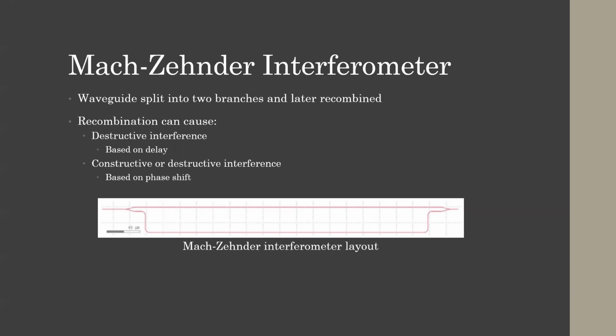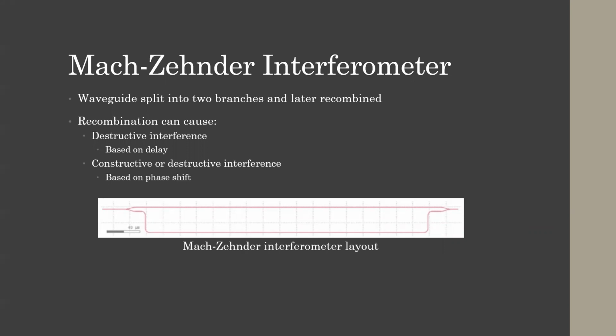And then you can measure the pattern to measure small changes in the refractive index. It basically is a device that splits and recombines the light to create patterns, and as a result, the recombination of the light can cause destructive or constructive interference.